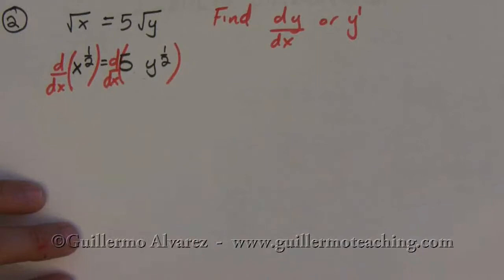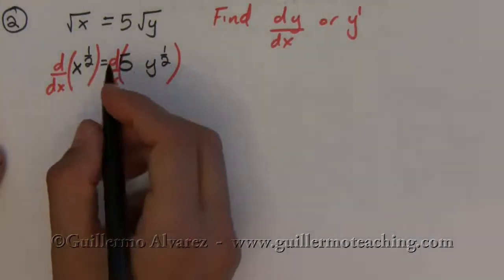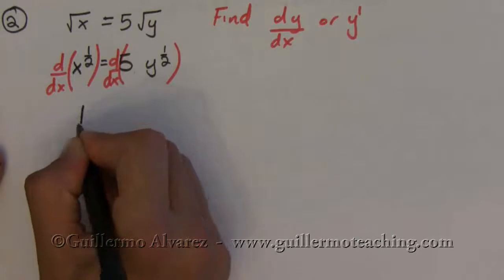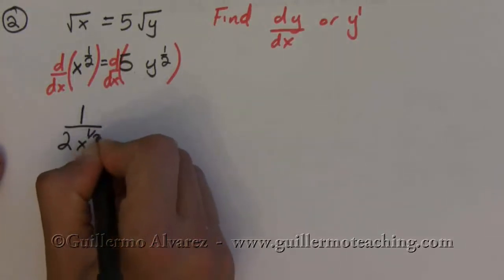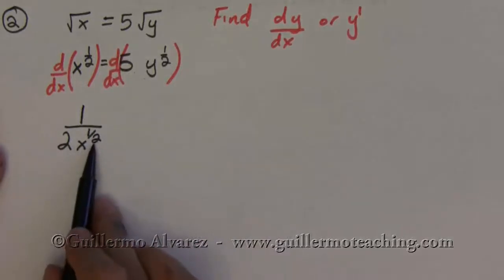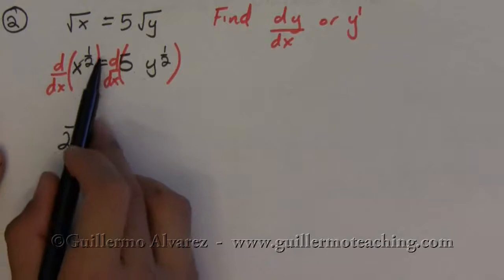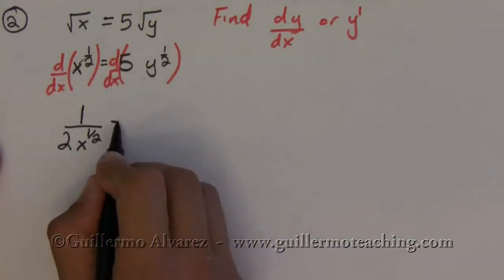Okay, now the derivative of the left side, well, the derivative of x to the 1/2, if we do our little shortcut, is just going to be 1 over 2x to the 1/2 in the denominator. Because when you bring the 1/2 over and subtract 1, it ends up being negative, and so that means it's going to be positive at the bottom.